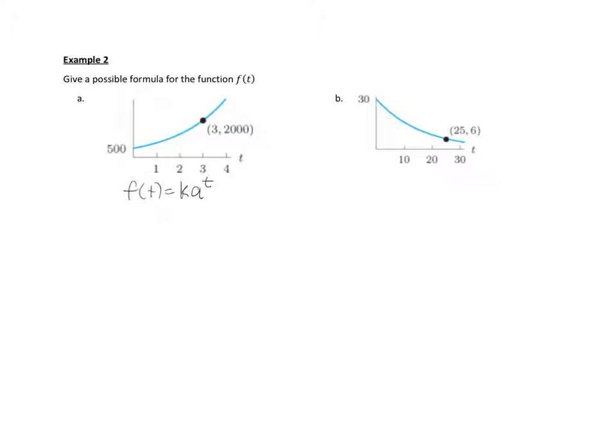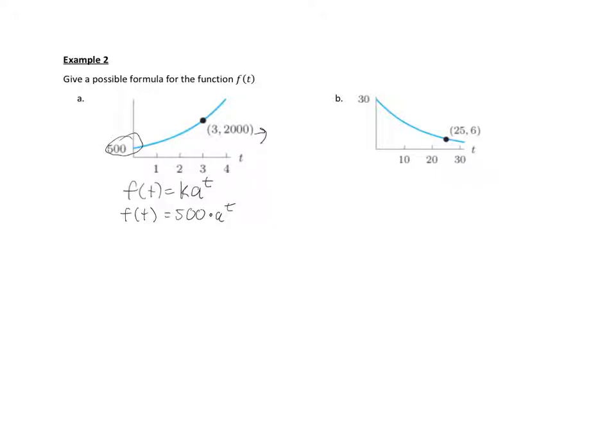Well, what do we know so far? This point right here would represent our initial value, so we know that that's actually k. F of t equals 500 times a to the power of t. And we somehow need to go ahead and find a. So here's what we're going to do.